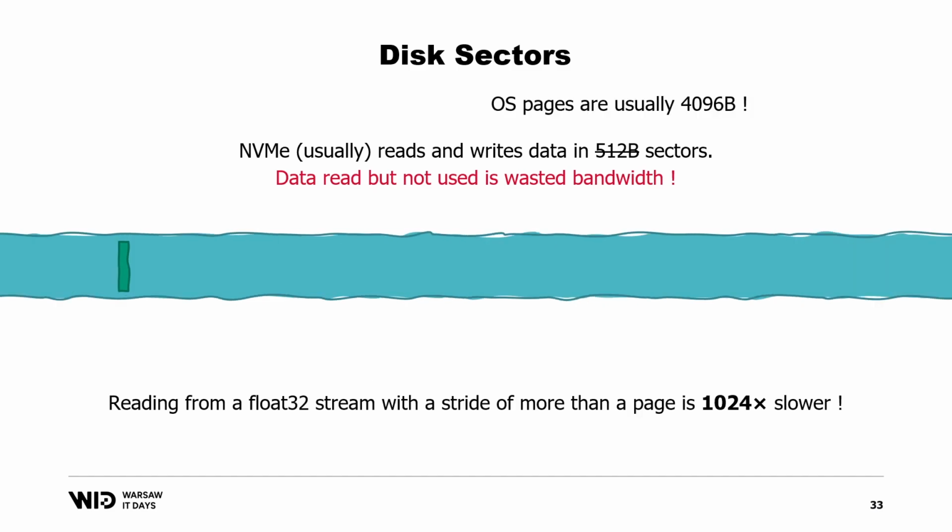And the operating system usually loads entire pages of about 4 kilobytes in their entirety. So now, if you read one floating point value from each page, you have divided your performance by 1024.